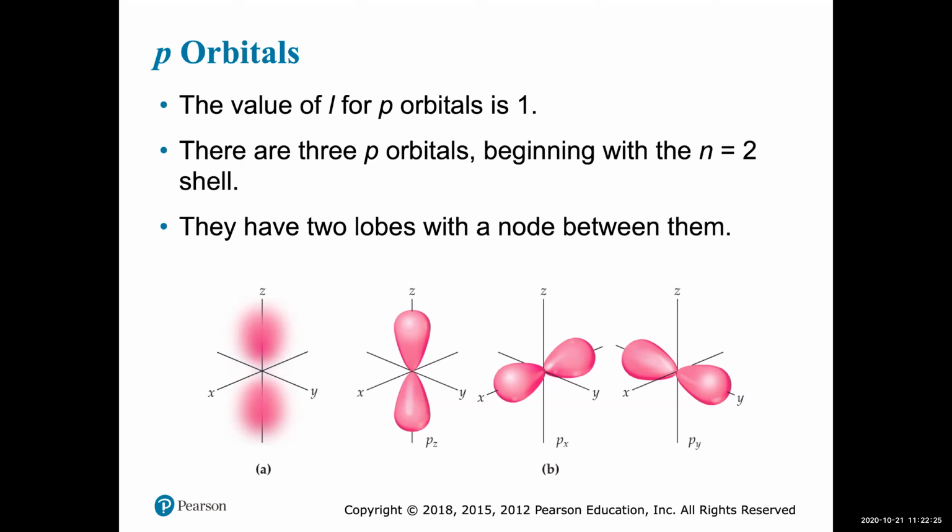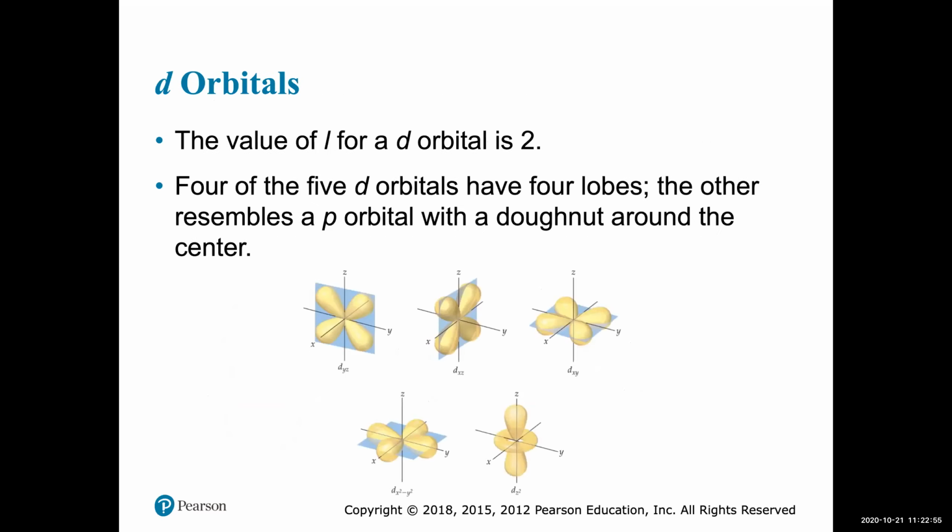So you're seeing the orientation of the 3 p orbitals around the x, y, and z axes. We see the z-axis one, that's the one that's going up and down. The x-axis and y-axis, the x is going kind of to the left and the y is going kind of to the right. But they all have the 2 lobes in common, and that's what the p orbital looks like.